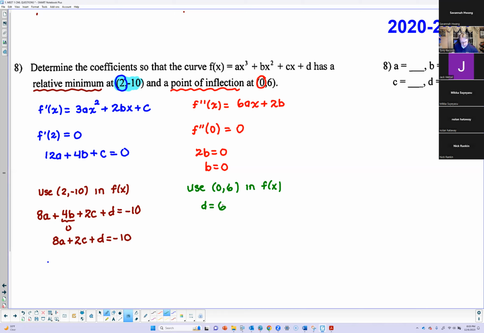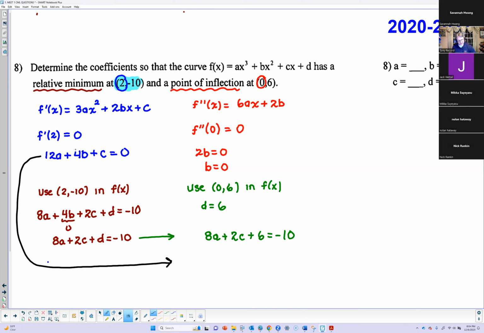So what that means is we can go back to this equation, replace the D with 6. And remember this guy up here? I think I'm going to bring him in here now. And we knew that B was 0. So I guess I could say that 12A plus C equals 0. Maybe I'll write this over here. 12A plus C equals 0. And you guys don't have to knock yourself out to solve this system of equations, right?